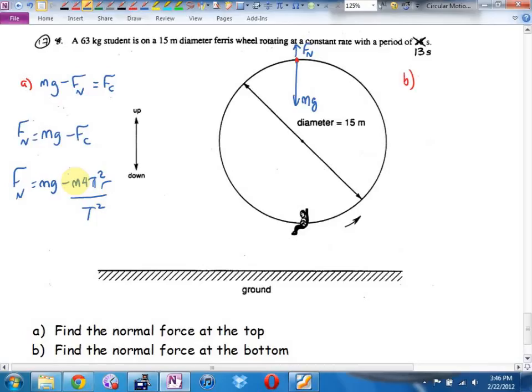Heavier? Really? Jessica, why lighter? This is what you normally weigh. This is what you normally feel. And we're taking something away from it. You're going to feel lighter at the top. In fact, the faster you're going, the smaller your period, the lighter you'll feel.